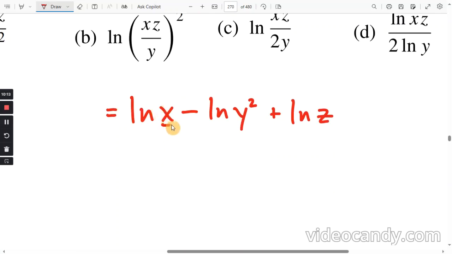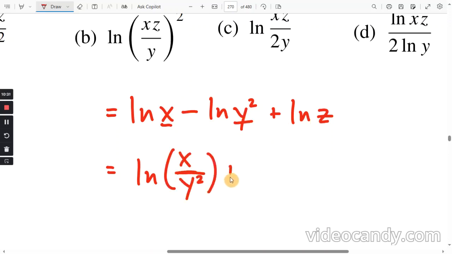We have ln of x and minus ln of y squared. So that's going to be ln of x divided by y squared. The one that's being subtracted goes in the denominator. So that's x divided by y squared. And now we have plus ln of z.